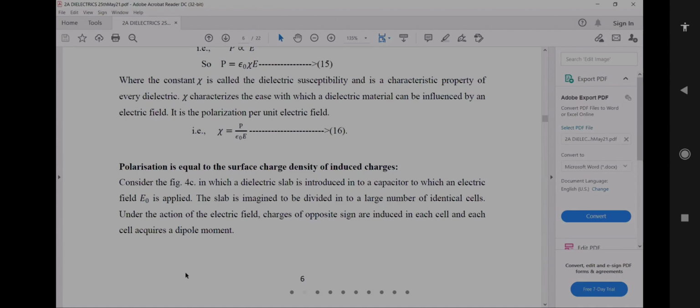The slab is imagined to be divided into a large number of identical cells. Under the action of the electric field, charges of opposite sign are induced in each cell, and each cell acquires a dipole moment.